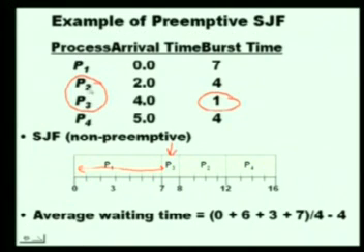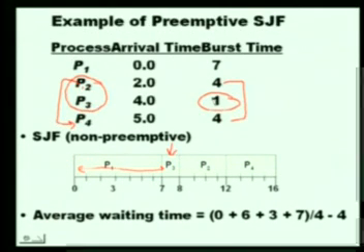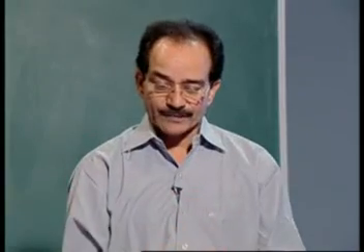because if you look at P2 and P4, maybe by this particular time both of them would be in the queue waiting for execution. Since both the jobs are waiting for execution, and both of them require the same unit of time, in this particular case whichever job has come first will be executed.